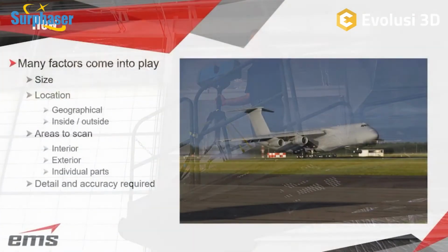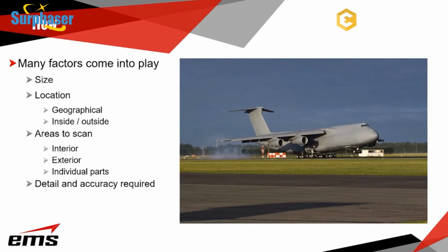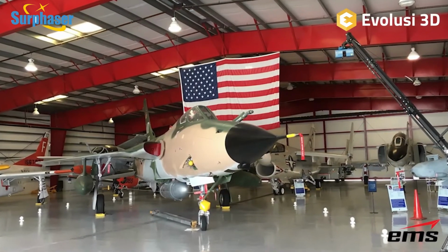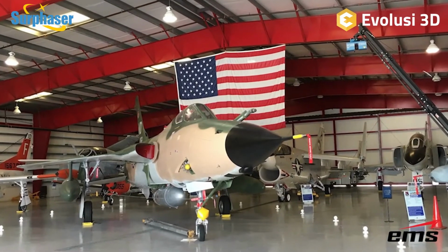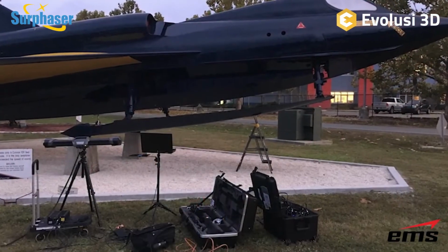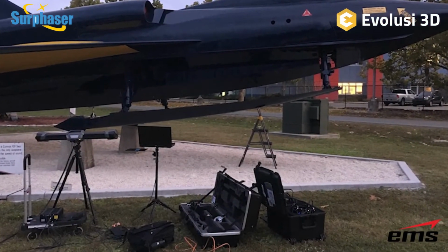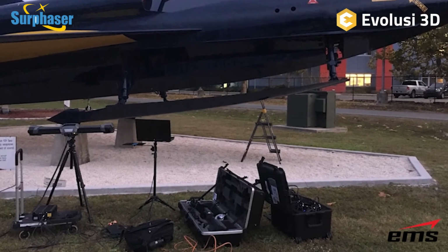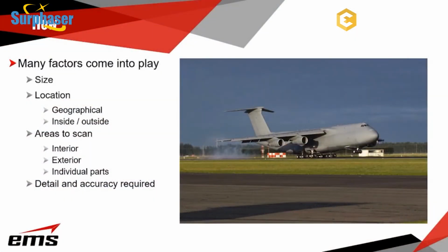In addition, location becomes important. How far away is it? Geographically, is the aircraft stored inside a hangar that's climate controlled, or is it outside, on a tarmac where it could be snowing or raining, and just temperature changes through the day could affect accuracy. It can affect equipment, so that's important.